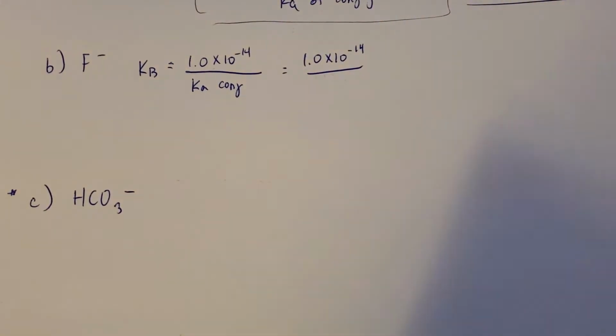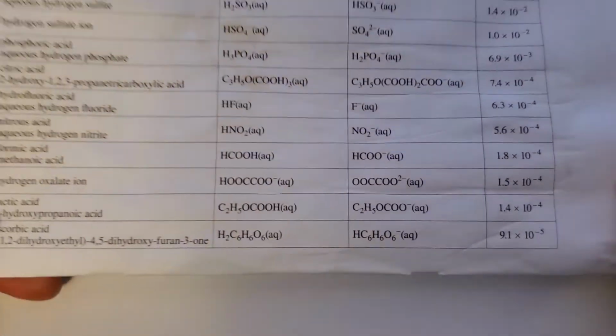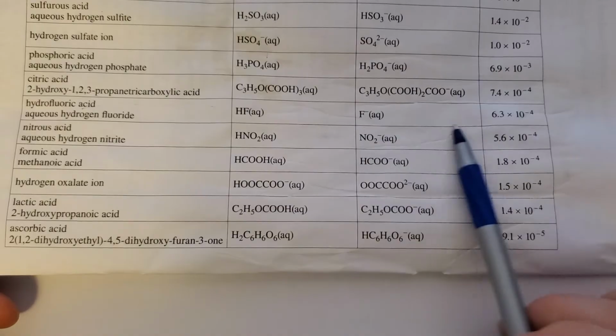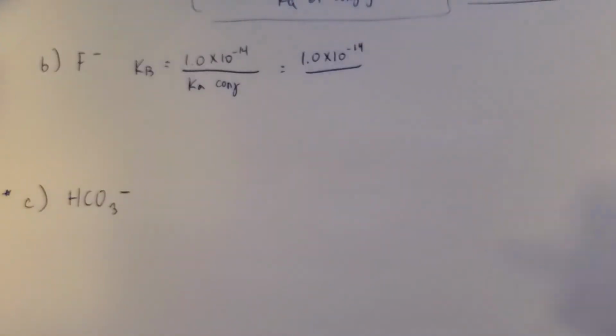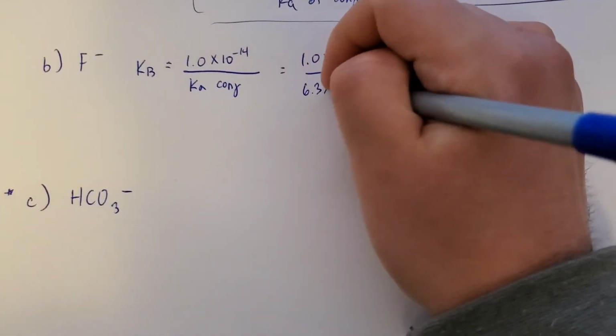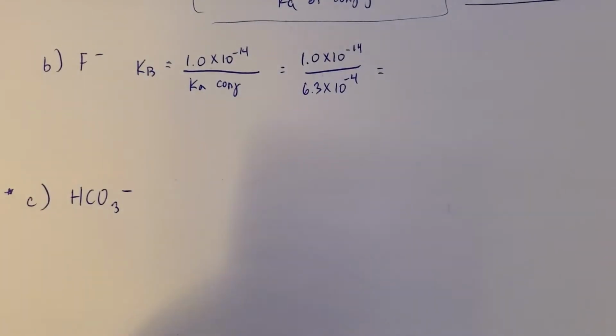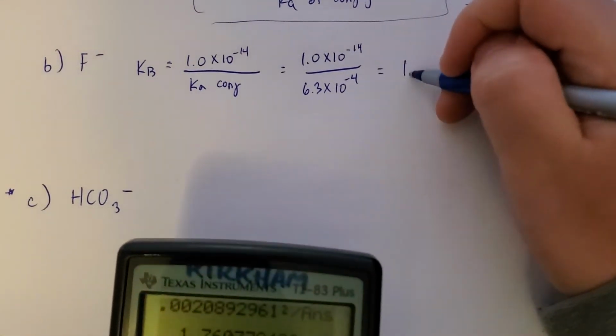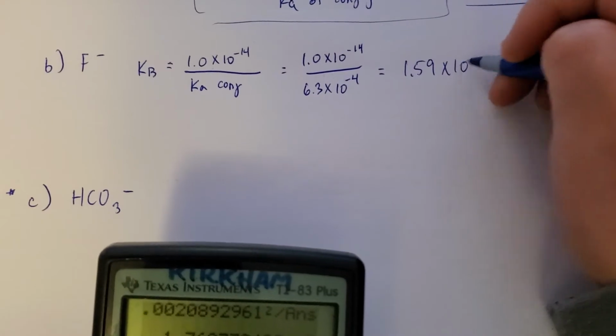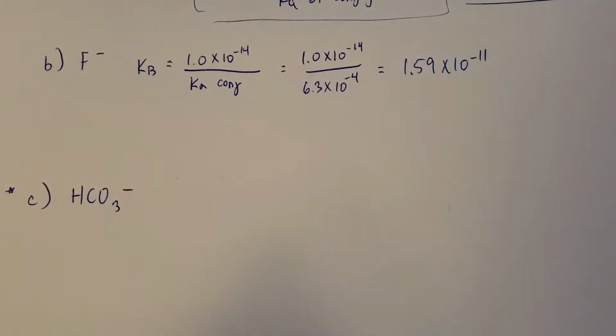So we are looking for fluoride. So we just got to divide by 6.3 times 10 to the negative 4. Okay, so there's Kb for fluoride.